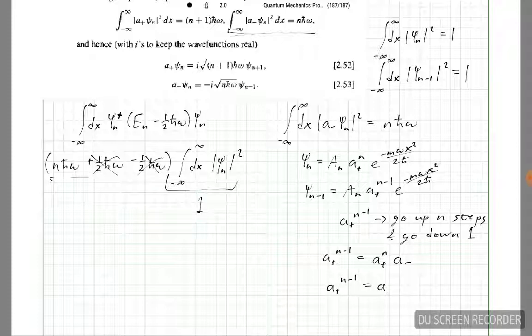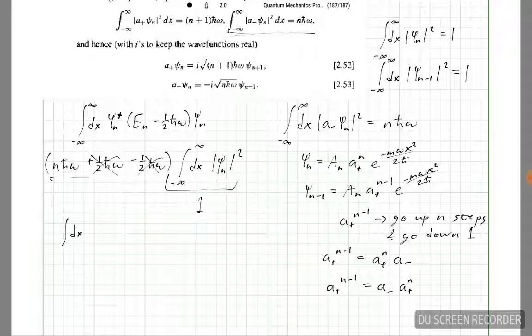I could either go up in number of steps and down 1, or I could go down 1 step and then up in steps, and that'll still get me the same number of steps. So I did want to take a second to point that out before we go on.